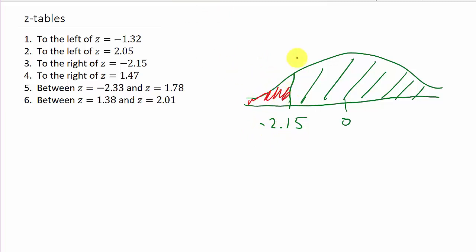We know that the area under the entire curve is 1. So if we're looking for this area and the table gives us that area, we just do 1 minus whatever that area is. Okay, so let's go look this up.